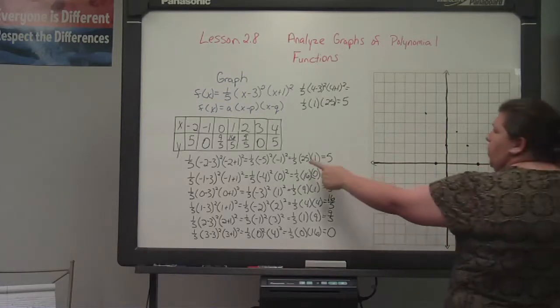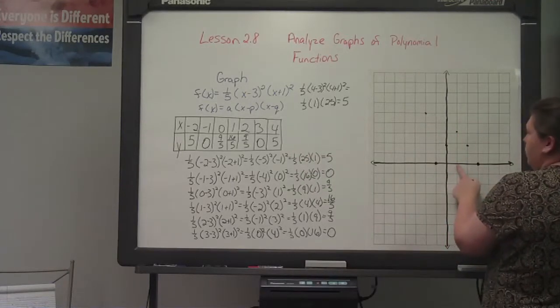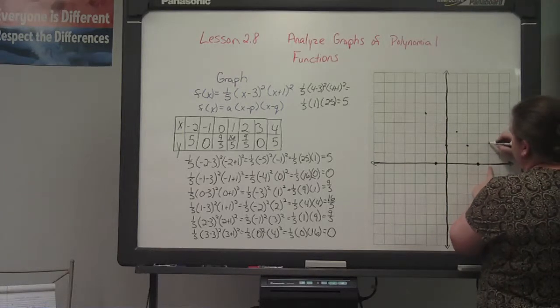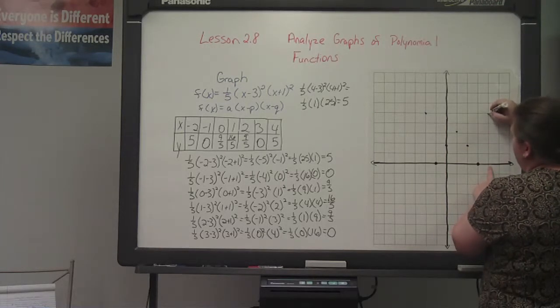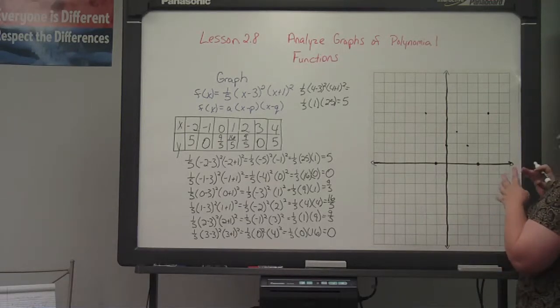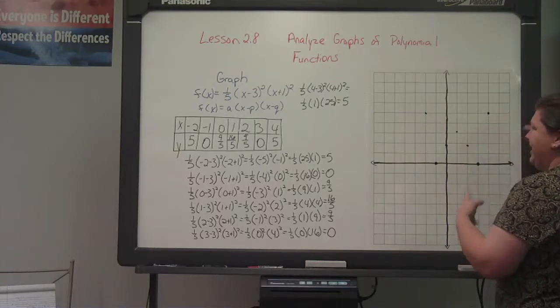And the very last one, which is 4, 5, I'm going to go to the right 1, 2, 3, 4, and I'm going to go up 1, 2, 3, 4, 5. And again, I'm going to plot my point. At this time, I want to connect all my plotted points together.